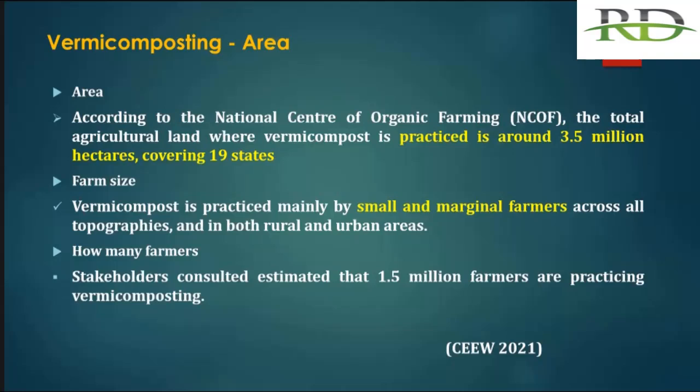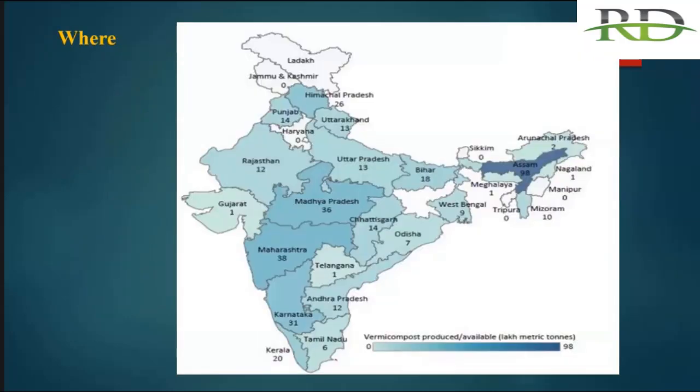Then where in India is vermicomposting prevalent? You see the figures. It shows that many states are using vermicomposting. Among the states, Assam gives the highest production, then Maharashtra, then Madhya Pradesh and Karnataka.